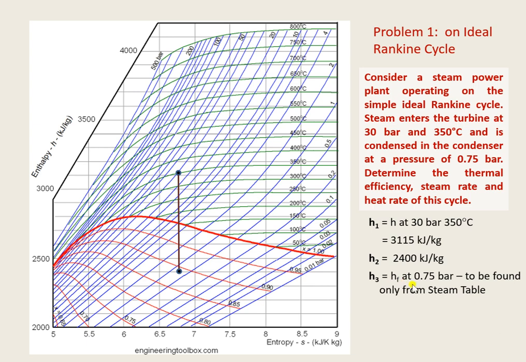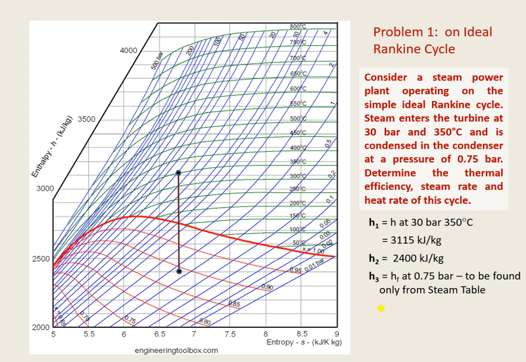Moreover, we will be concentrating only on the states around the saturated line in case of Mollier diagram. Therefore, this can easily be found out from the steam table. It is nothing but hf at 0.75 bar. Once you have H1, H2, H3, you can easily find out whatever required properties.